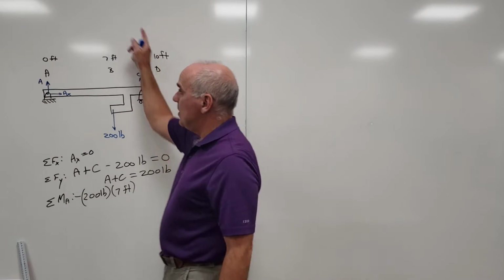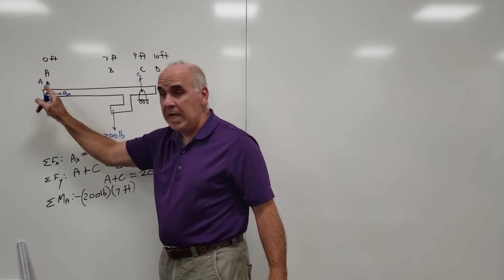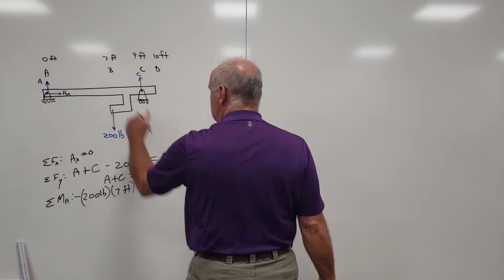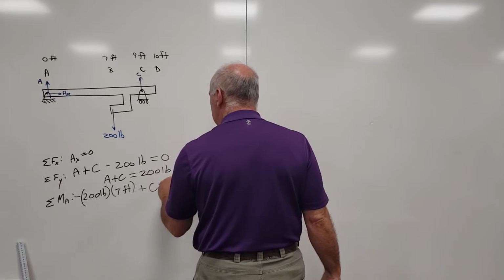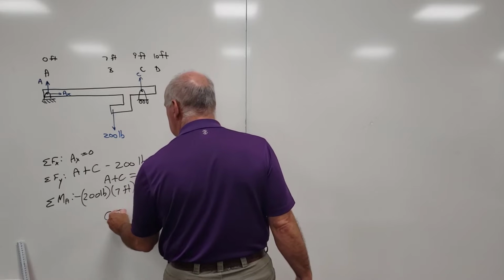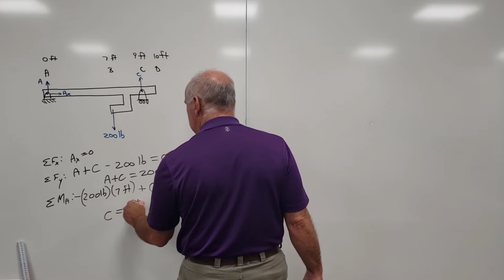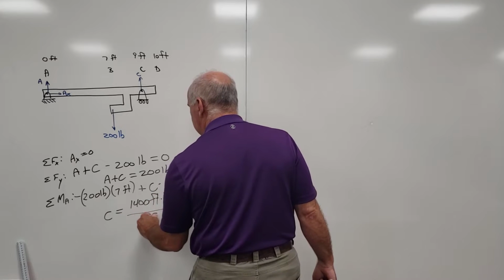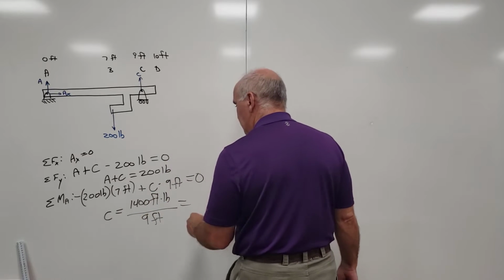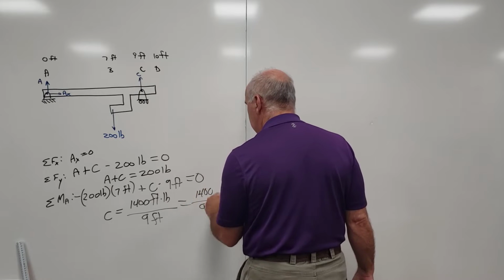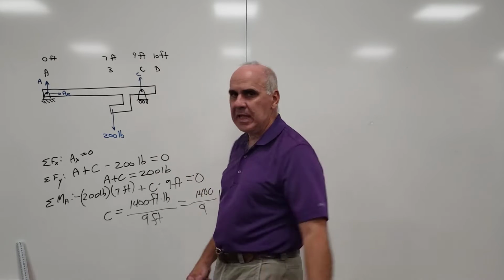And then C is trying to rotate it counterclockwise about A. And so that's going to be positive, so plus C, times 9 feet. And that's all equal to 0. So when I solve this out, I get C is equal to 1,400 foot-pounds over 9 feet, which is just 1,400 over 9 pounds. And I just leave it in that format.